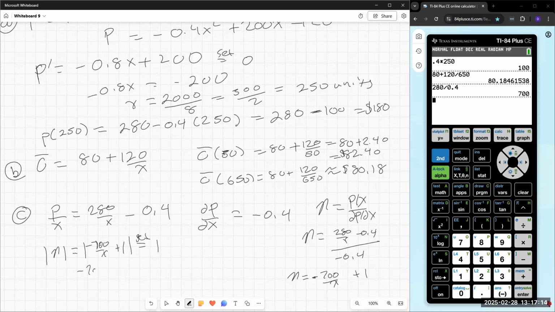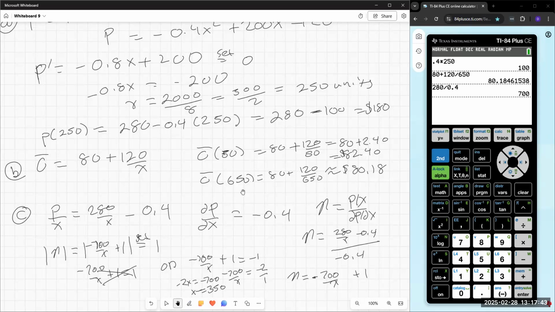So negative 700 over x plus 1 equals 1, or negative 700 over x plus 1 is equal to negative 1. And the first doesn't work because I can't have negative 700 over x equals 0. So negative 700 over x equals negative 2. Negative 2x is equal to negative 700. X is equal to 350.